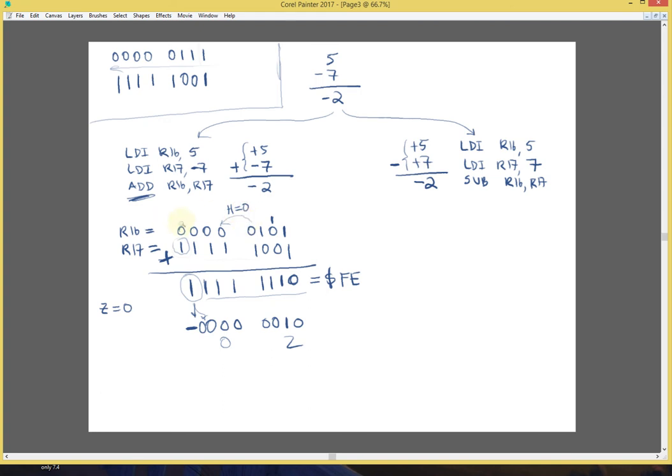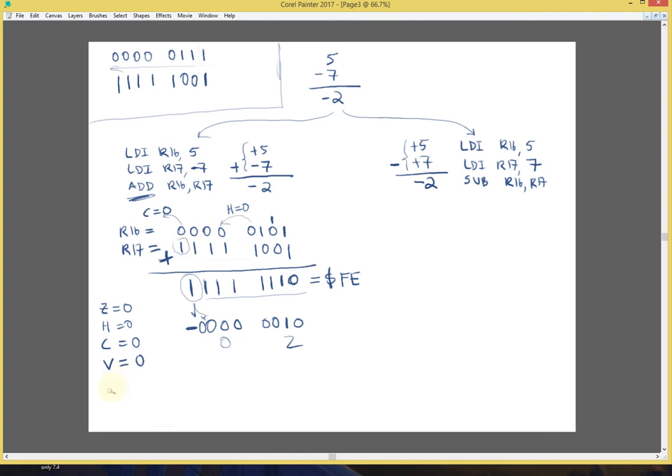There was no carry from the most significant bit into the carry flag, so the carry flag is 0. Did we overflow? No, because these are opposite signs, and this is perfectly legal. We did not go over our arithmetic limits that would create an overflow, so the overflow flag is 0.